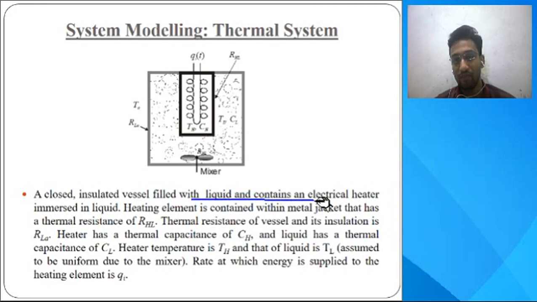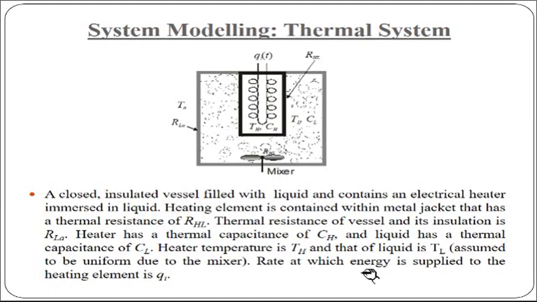The system has a thermal resistance, RHL, a thermal capacitance, CH, an insulation resistance, RLA, along with the heater temperature, TM. These are the basics of the thermal system, so this is the system we need to understand, to see how the thermal system works.